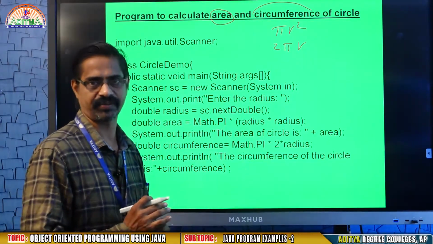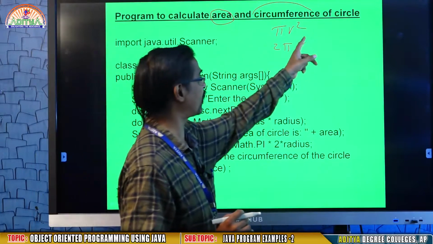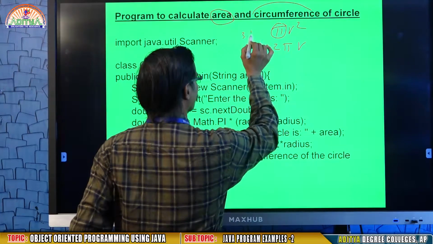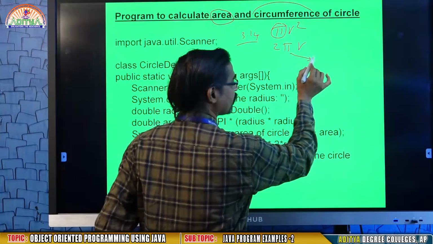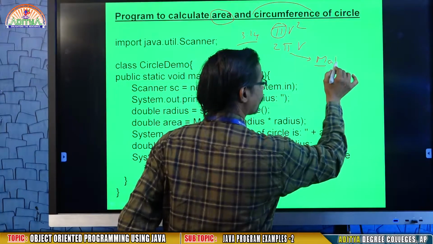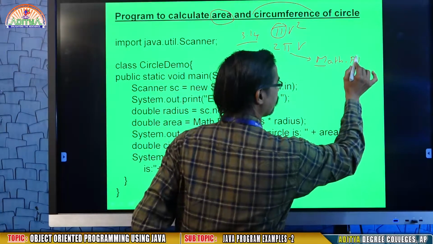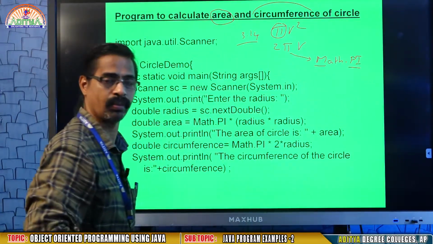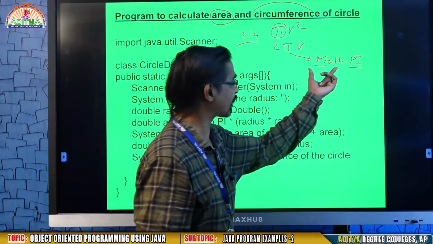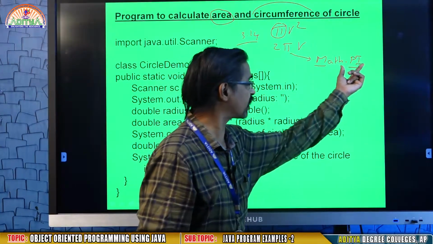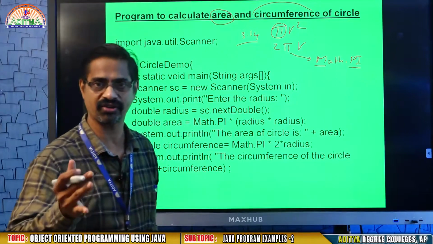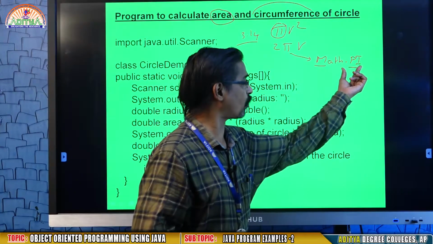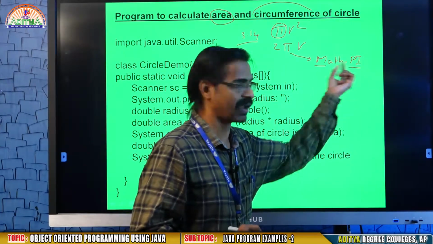We may use those methods when calculating pi r square and 2 pi r, or you may simply write pi means 3.14, or you may write a method that is Math.PI. Here P must be capital and M also must be capital. This is the class name. In the class Math, there are different methods like sine, cos, tan, square root, max, min. So one of the members is PI.